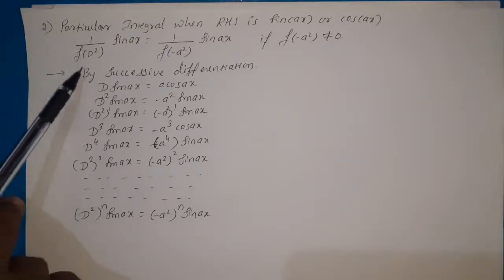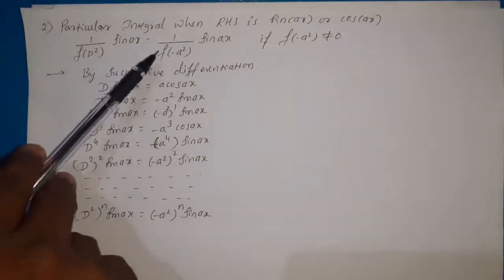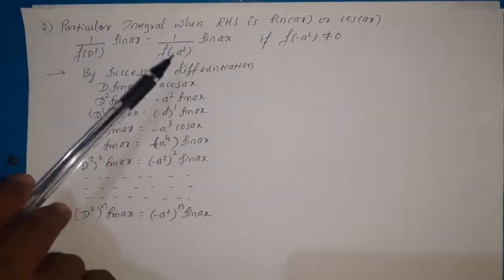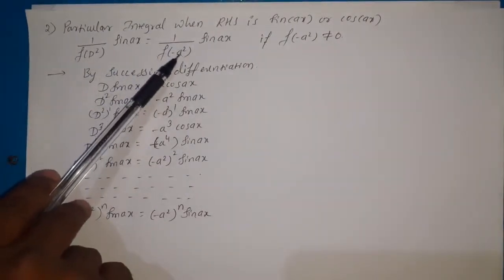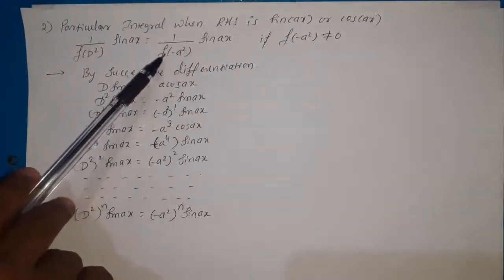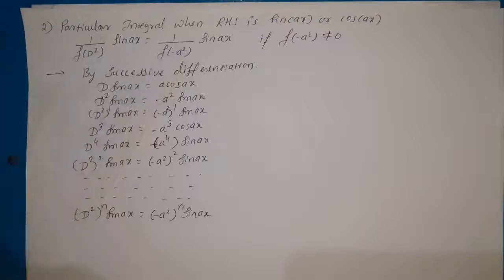So 1 by f of D square sin ax equals 1 divided by f of minus a square sin ax. Observe this carefully. This is f of minus a square, and this is not f of minus a whole square. There is a difference between the two.